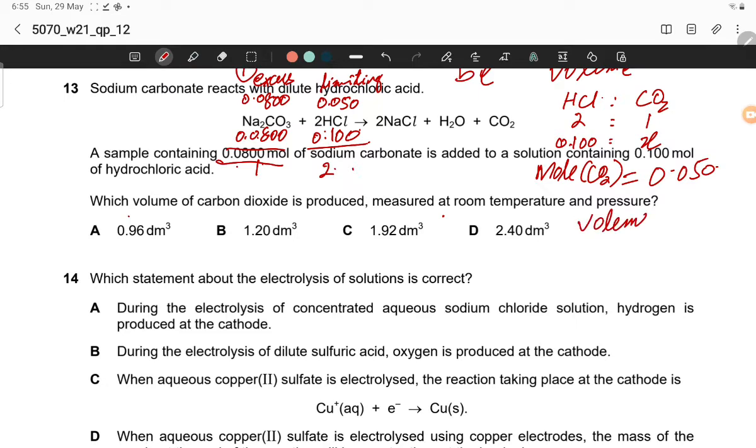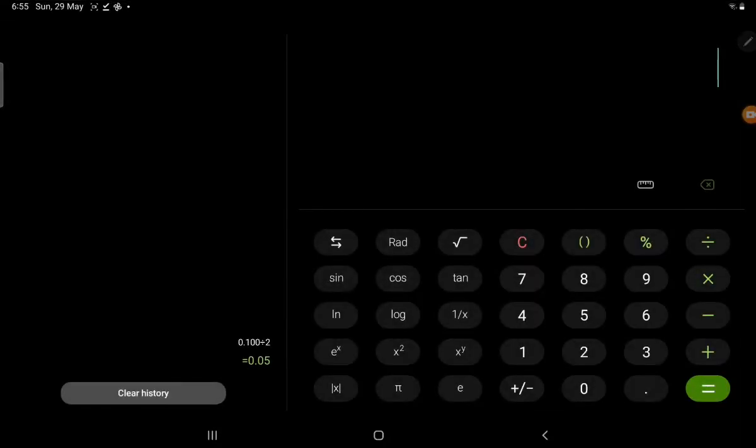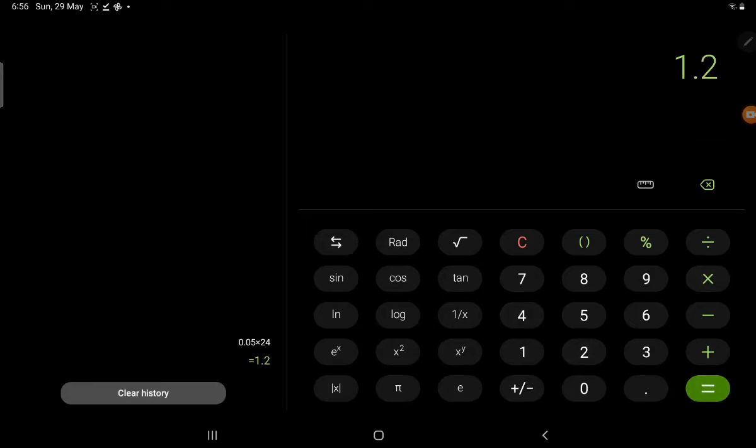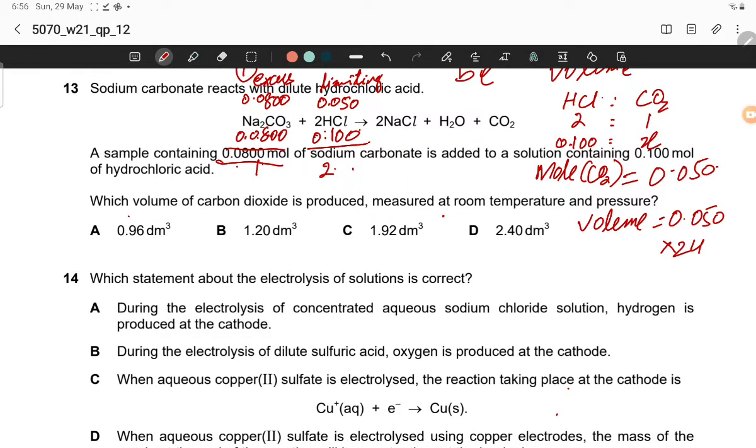Volume is 0.050 into 24 decimeter cube. 0.05 into 24 is equal to 1.20 dm cube. So B is the correct option.